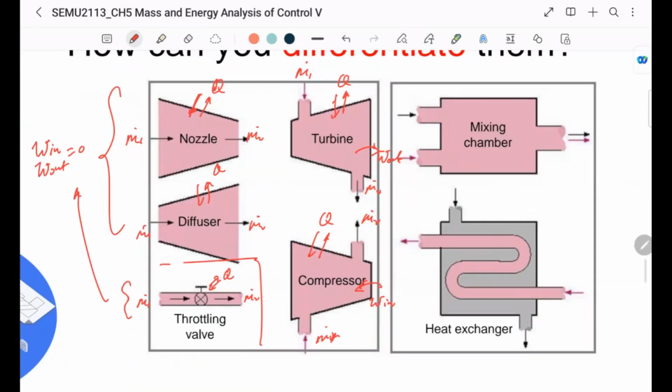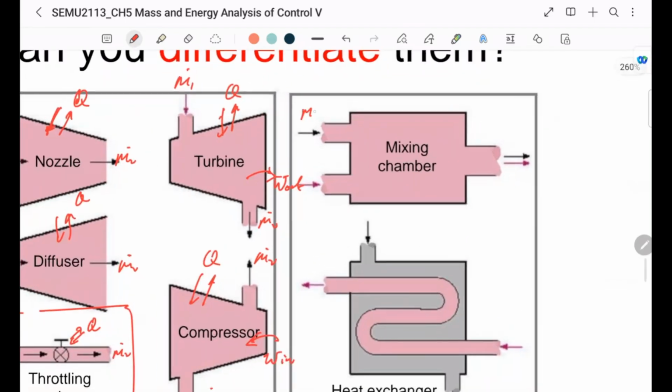And the mixing chamber: you have m1 here, m2 here, and this m3 must equal the sum of the two of them because of conservation of mass. There can be Q in, there can be Q out as well.